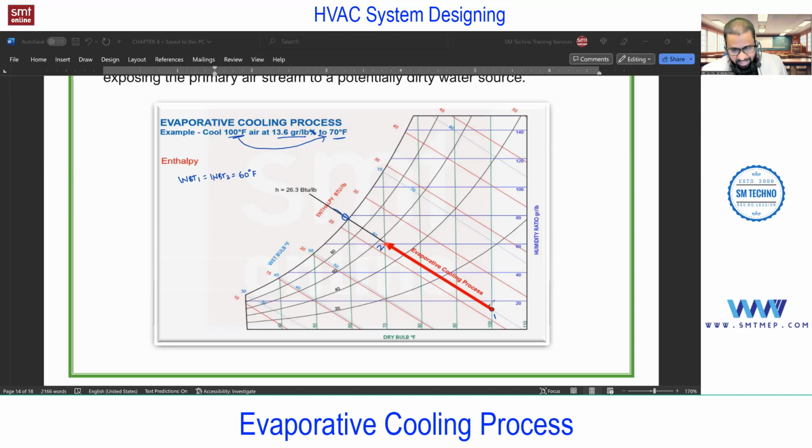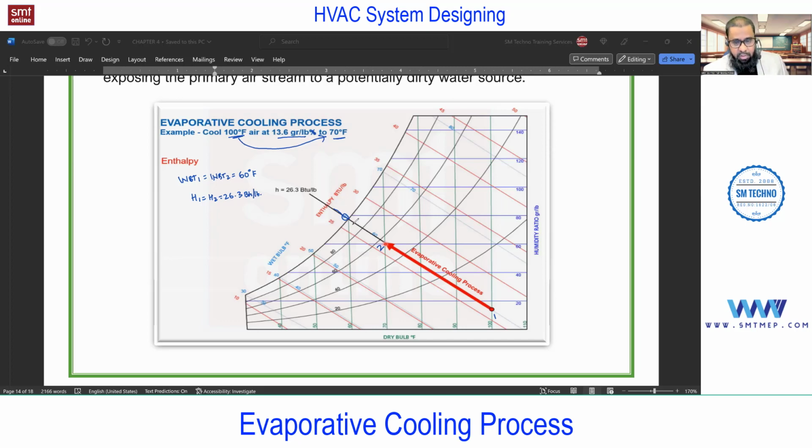And you can see this line is inclined, parallel with this wet bulb and the enthalpy. No? So the enthalpy is also going to be the same. So H1 equal to H2 equal to 26.3 BTU per pound. Okay, because we are not adding the heat. We are utilizing the heat from the air only.